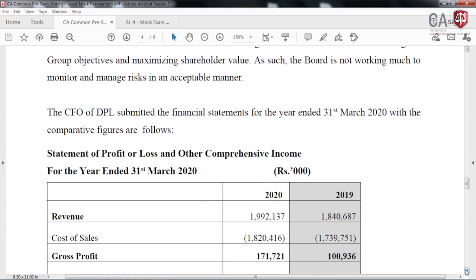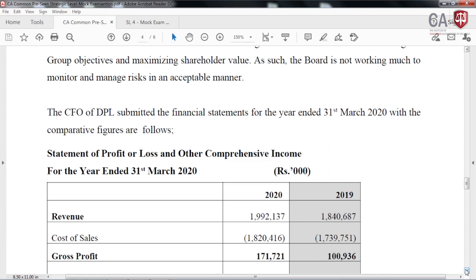Right. Then we can see the financial statements also, which are given for two compared years, 2020 and 2019. So, we will look at what has happened to the revenue. Revenue has increased, cost of sales has increased.